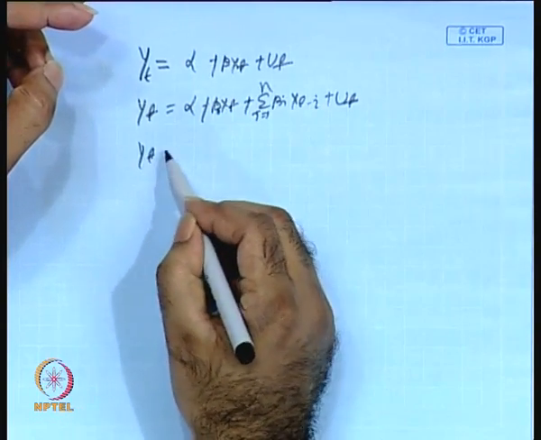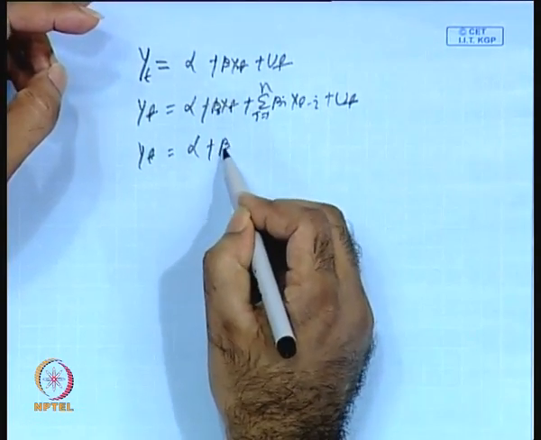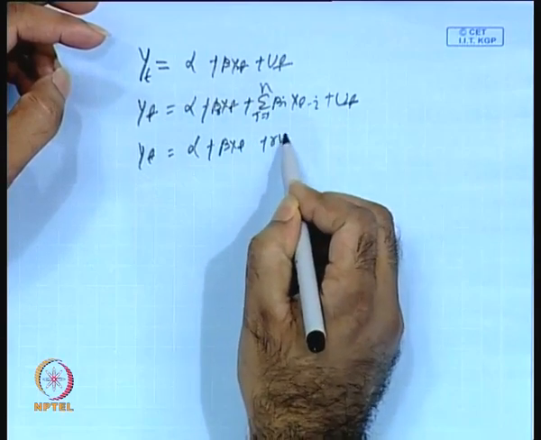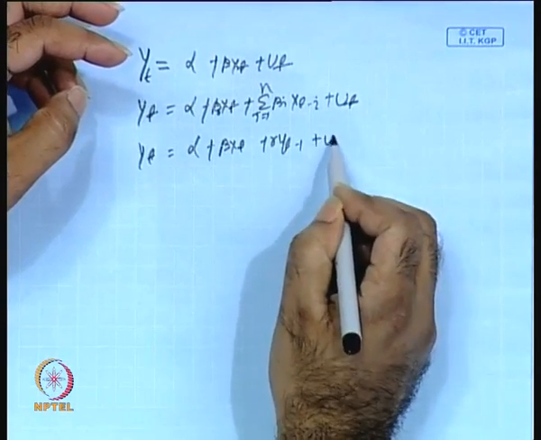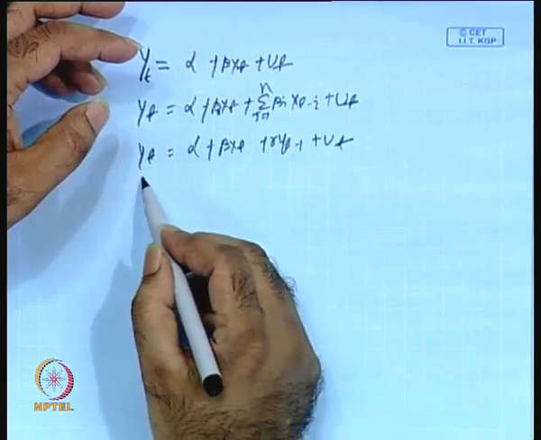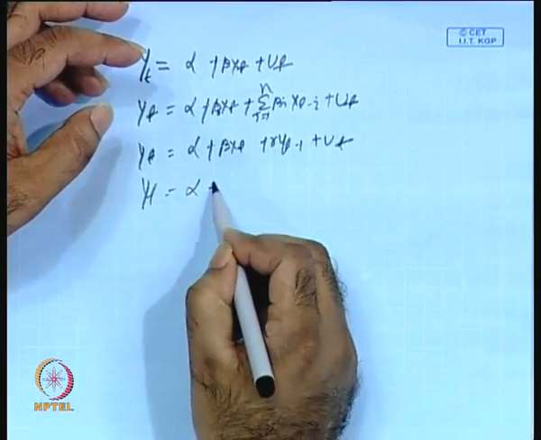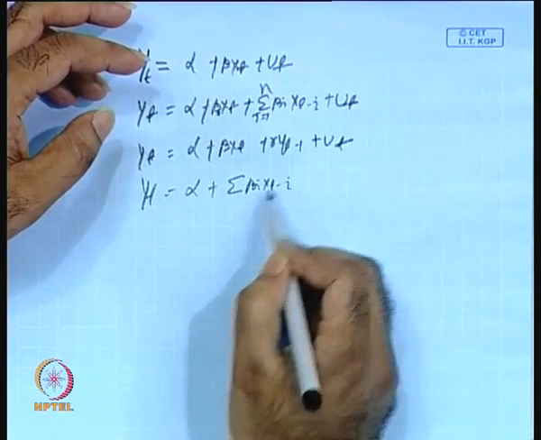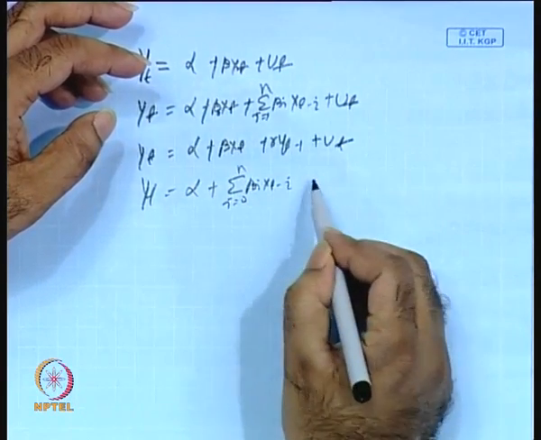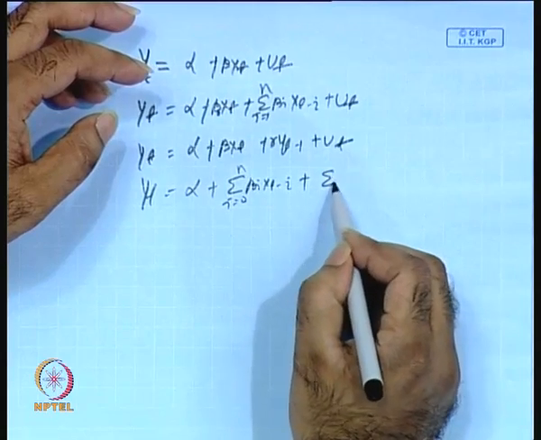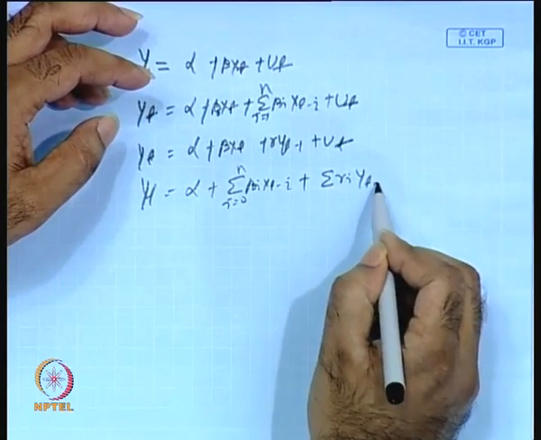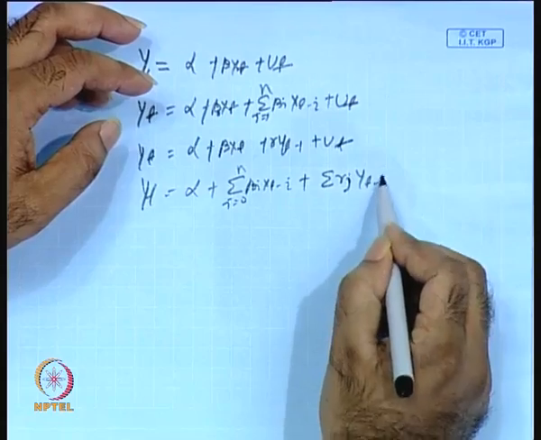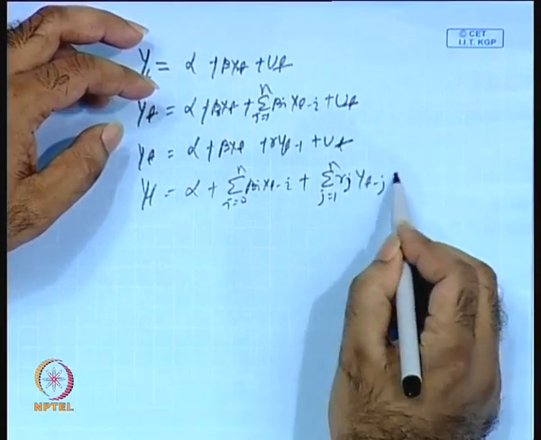Then another form of the model is alpha plus beta x t plus gamma y t minus 1 plus u t. Similarly, I can write alpha plus summation beta i x t minus i, i equal to 0 to n, plus summation gamma j y t minus j, j equal to 1 to n, plus u t.